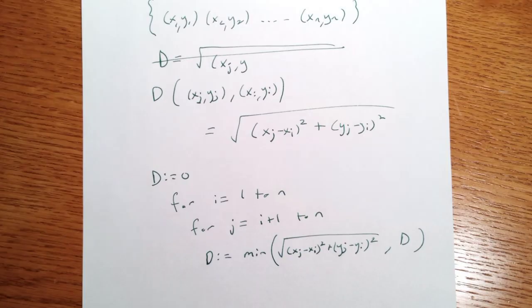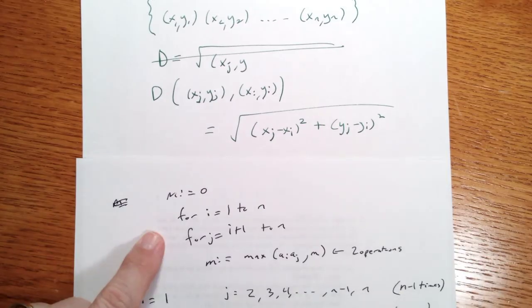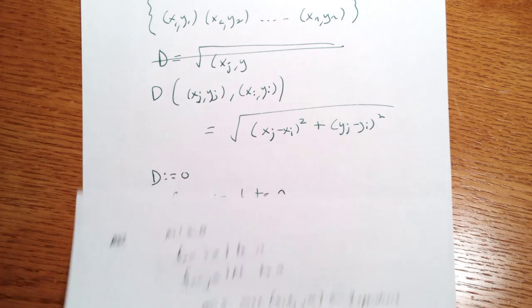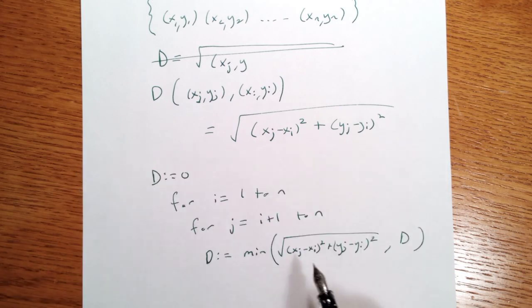Now, the reason I said that this algorithm should look familiar is that except for the calculation part, that's the same as this. Here we did take the maximum of this calculation versus that. So here I've got 1, 2, 3, 4, 5 operations and a comparison.